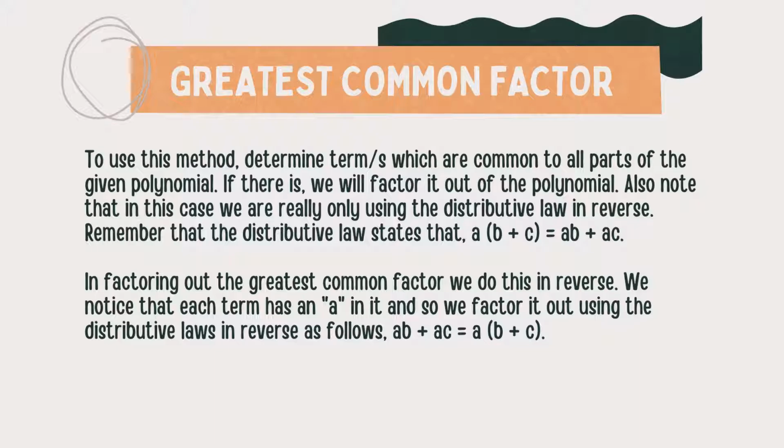In factoring out the greatest common factor, we do this in reverse. We notice that each term has an a in it, and so we factor it out using the distributive law in reverse as follows. ab plus ac is equal to a times the quantity b plus c.